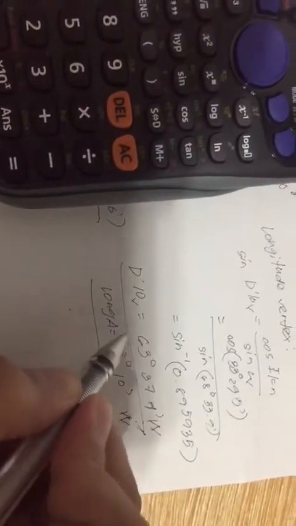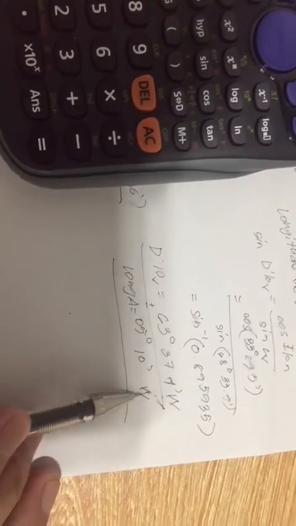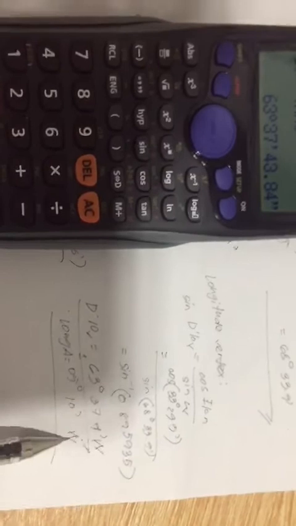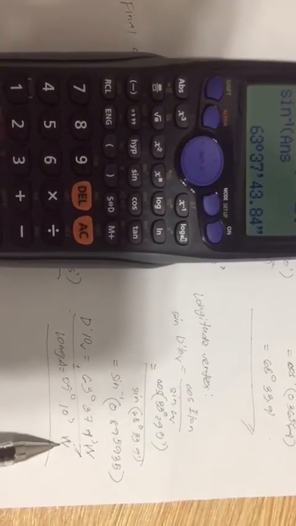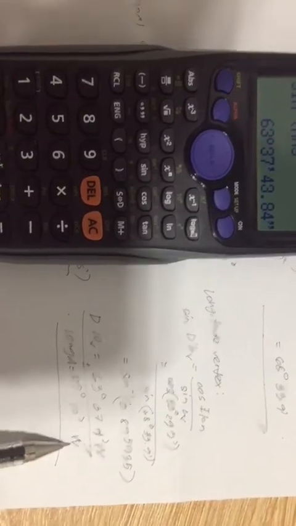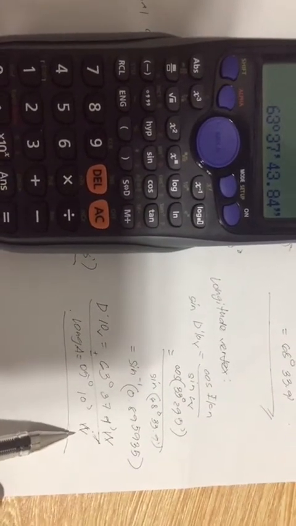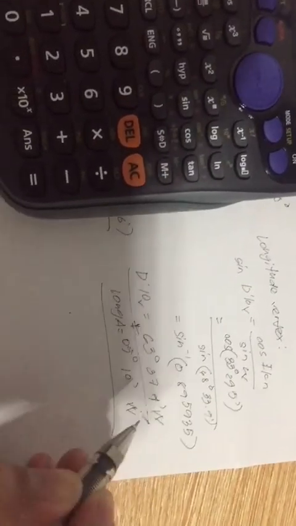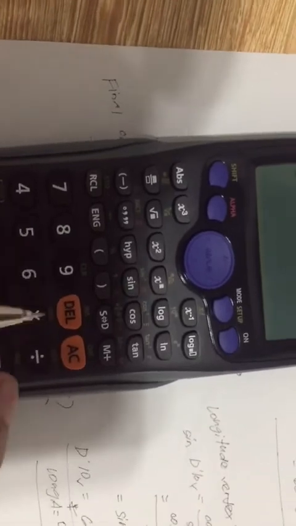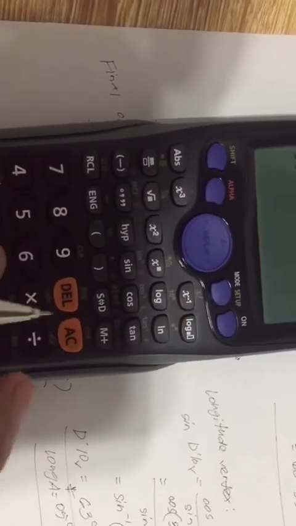Since they have the same hemisphere, we will add them.